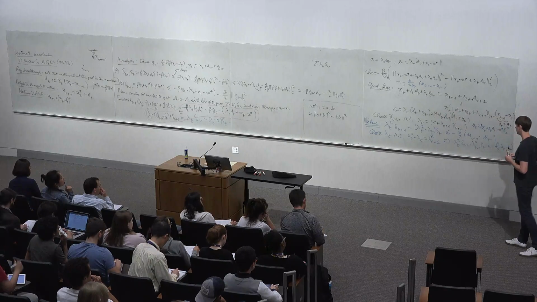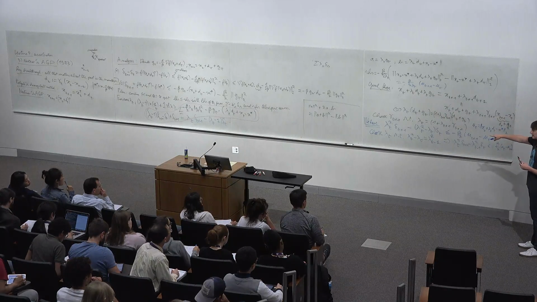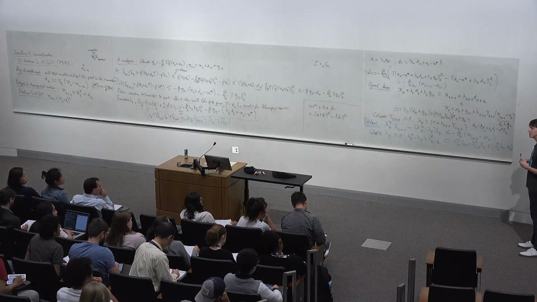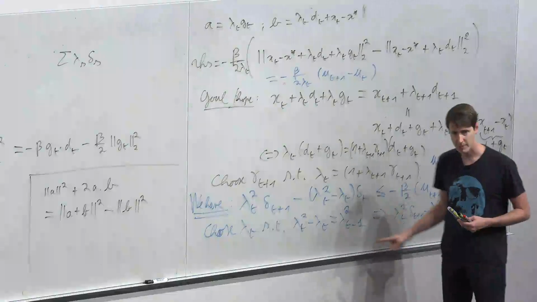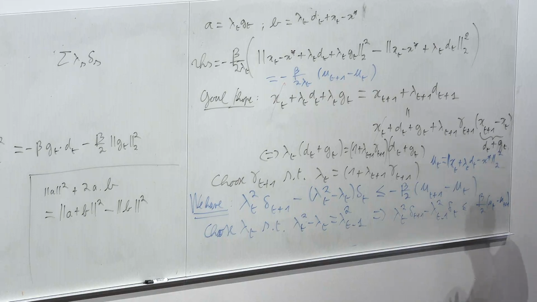Yep, exactly. Note, this is exactly the same thing as what we had for Nemirovsky's acceleration. The lambda t sequence is the same one. Okay, so now I can just sum those things. I will get some remainder terms I don't want to worry about.